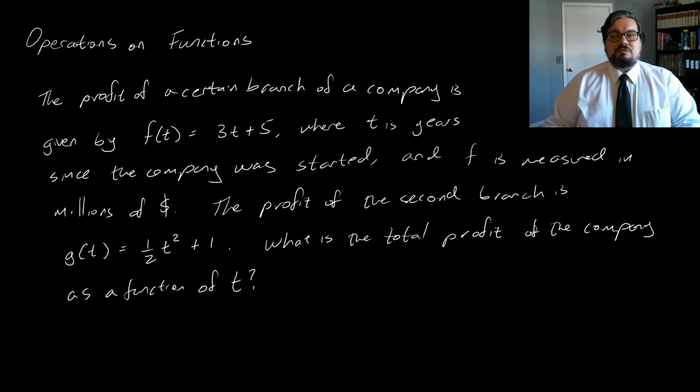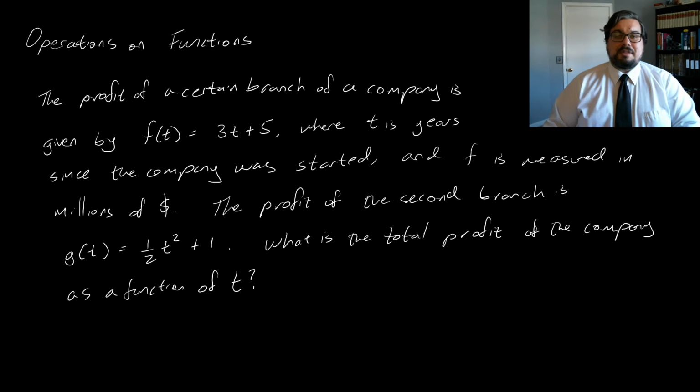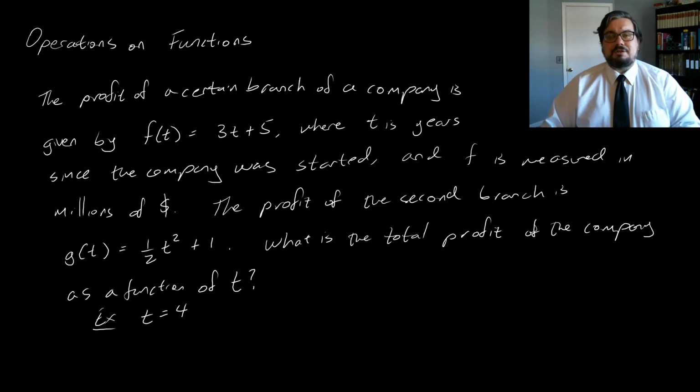Now, before we actually write down a formula for this, let's look at things for particular situations. So, for example, let's consider t equals 4. So let's consider what the profit of the company is 4 years after the company starts.